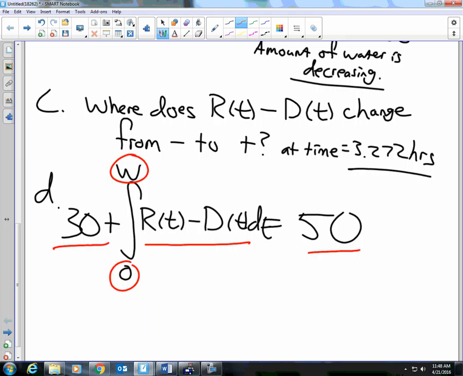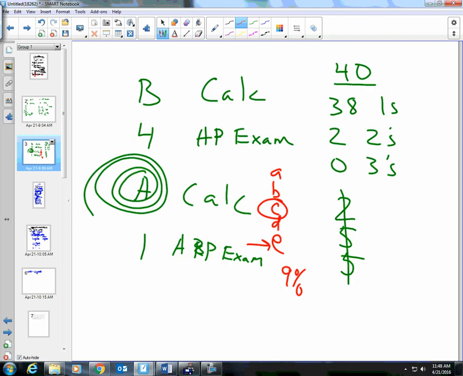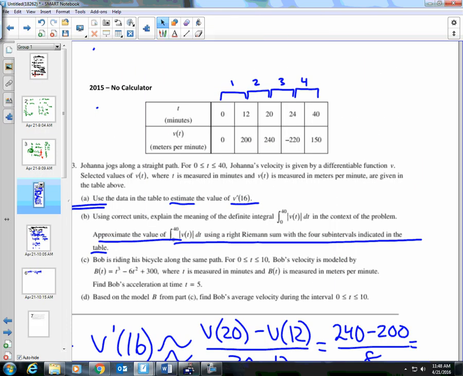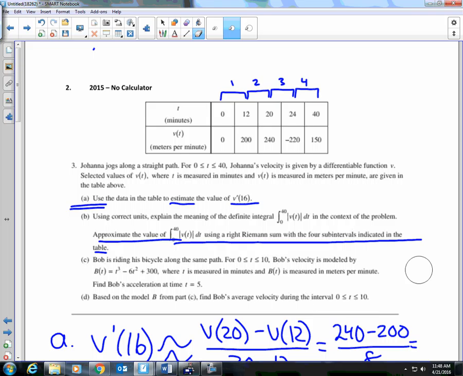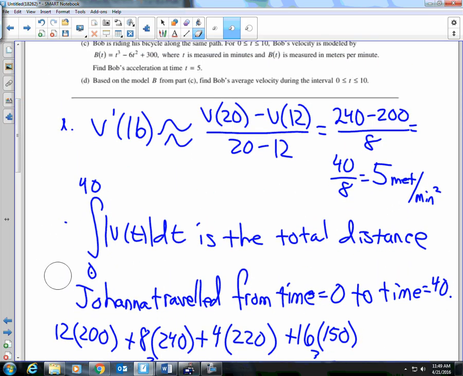So that's a challenging problem. Let's try an easier one that will help you set up for your homework a little bit better. This one, you are not allowed to use a calculator on.